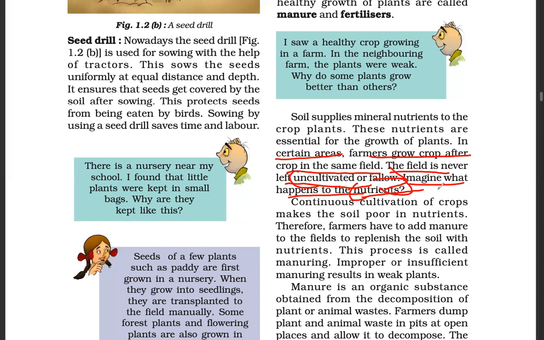The last video is the question answer video, the NCERT solutions and exemplar. Continuous cultivation of crops makes the soil poor in nutrients. Again and again cultivating crops without giving the field time to replenish the nutrients, they just cultivate the crop. Therefore farmers have to add manure to the fields to replenish the soil with nutrients.